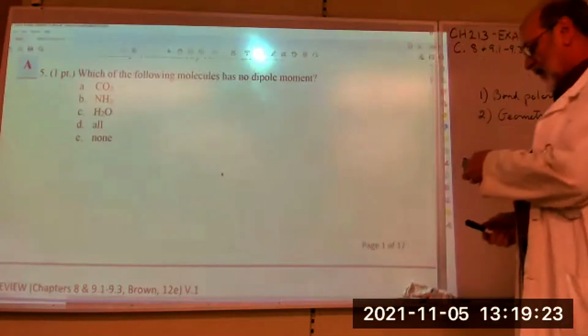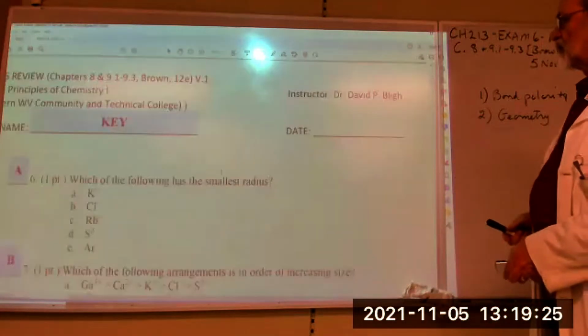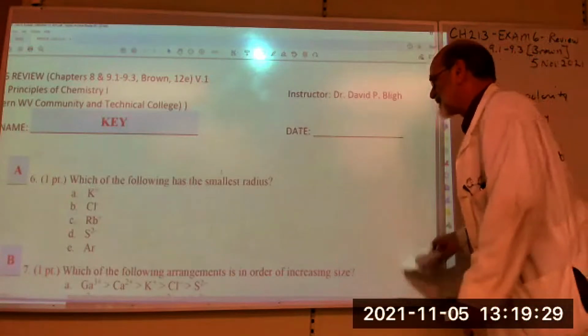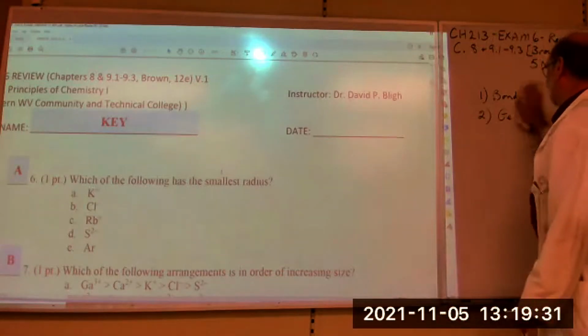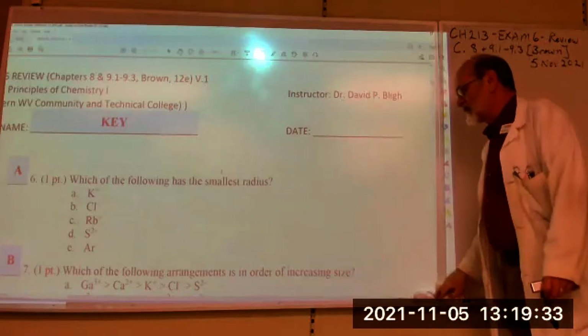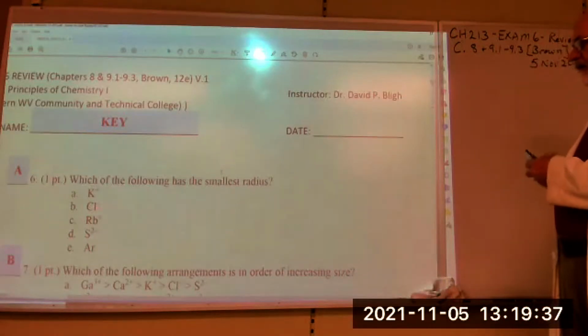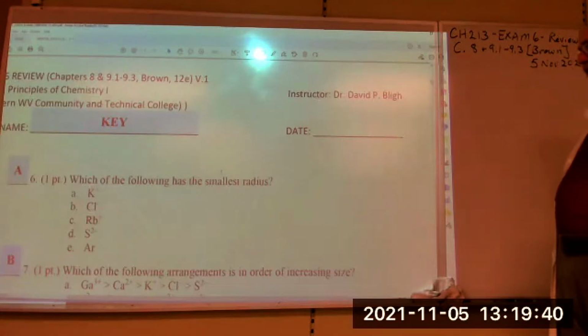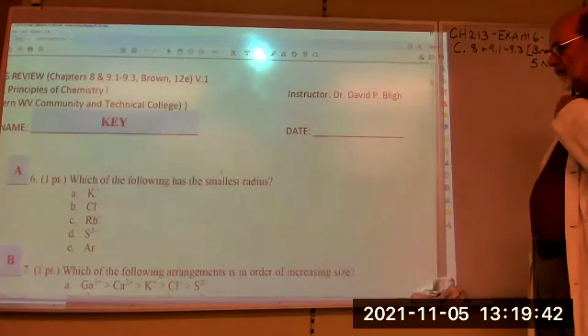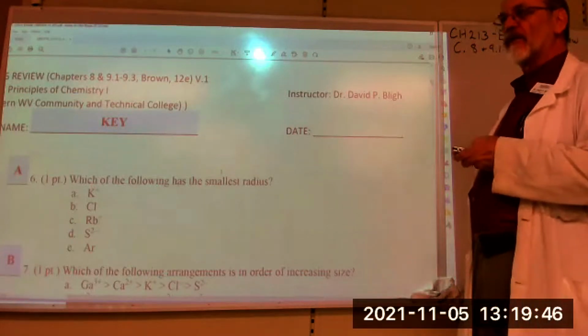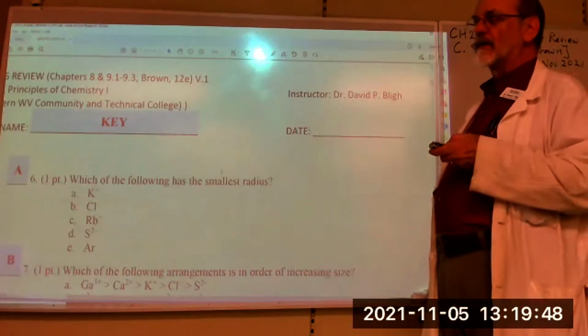Okay, how about, oops, wrong way. 6. Which of the following has the smallest radius? Okay, this is kind of a tricky one because we've got ions here. If it were just atoms, if it was neutral atoms, we would look for the smallest radius where?